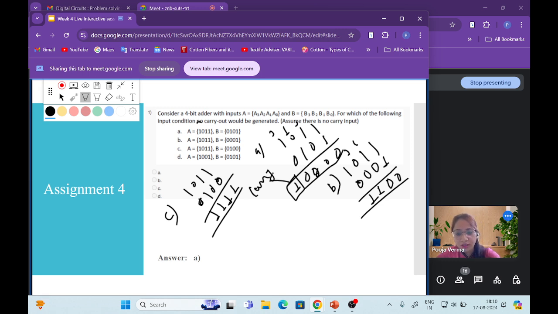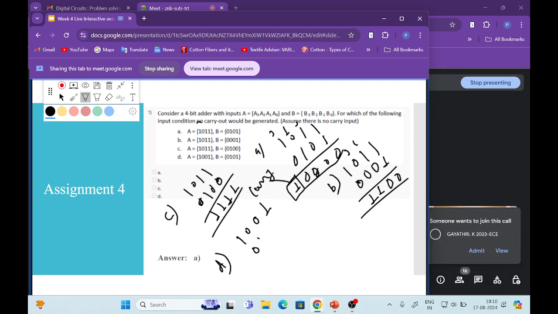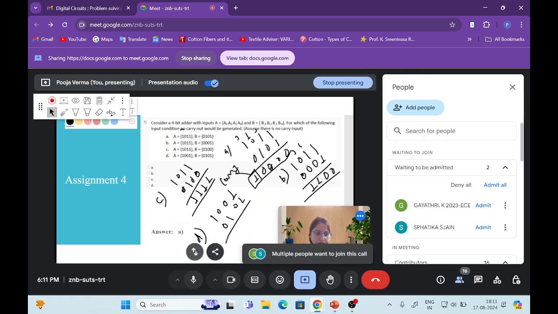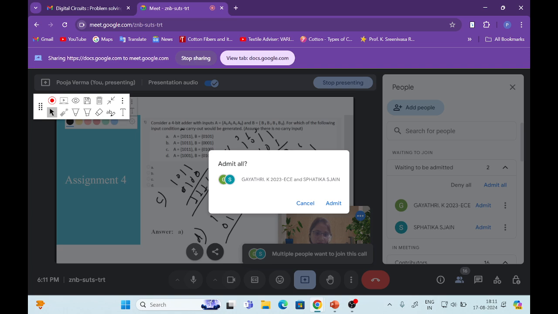Now next, check option D, whether there is a carry out or not. So A is 1 0 0 1 and B is 0 1 0 1. Add these two numbers and let me know the answer in the chat box.